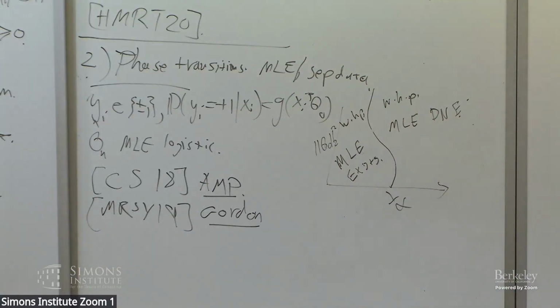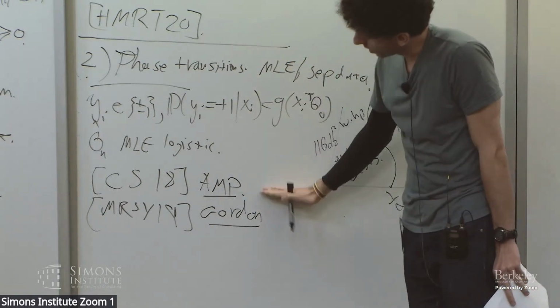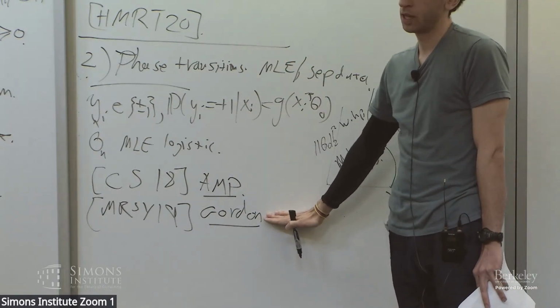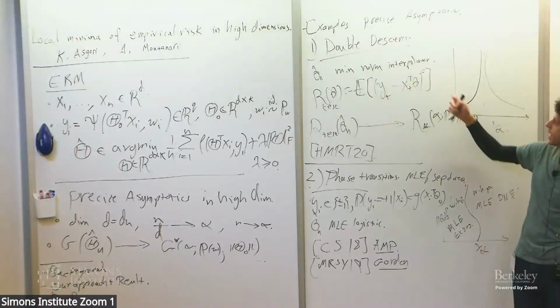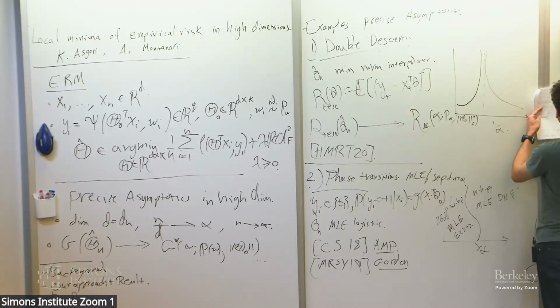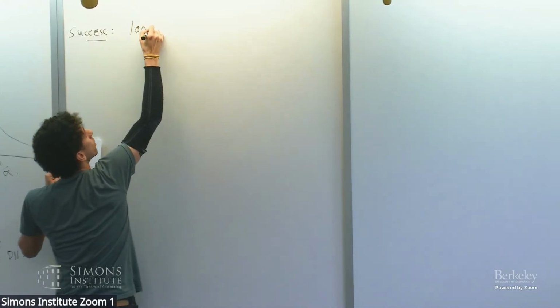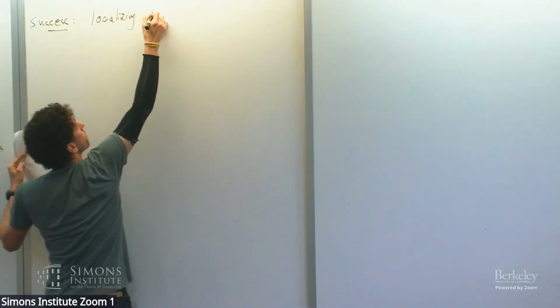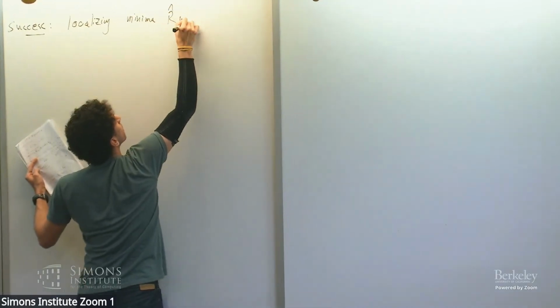Okay, but now I want to give an intuition about these precise asymptotics tools. I want to give you intuition about why they succeed at characterizing the limits so accurately. And the one line punchline is that their success is because they're really good at localizing the minimizers, or the minima, of R hat n.